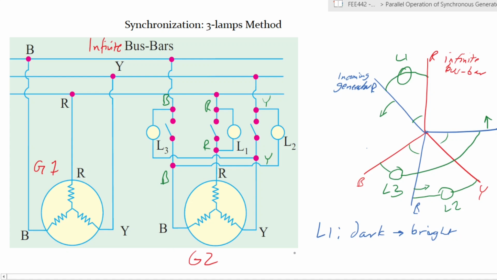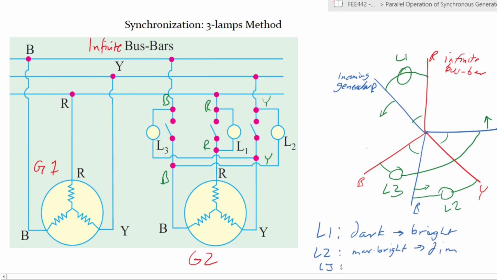In the case of lamp 2, we now have it getting dimmer from maximum. So initially it is far away from the yellow, but because the incomer is moving towards it, it appears to be reducing the potential difference between the two. So it is from a maximum brightness to dim, right?